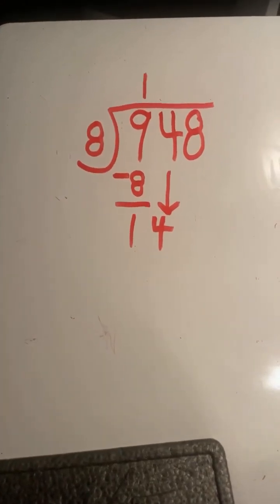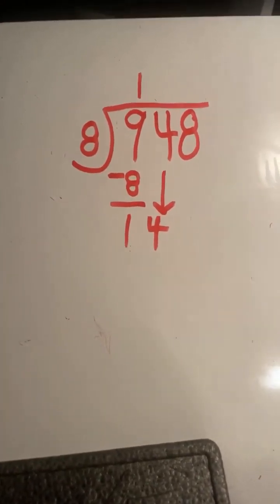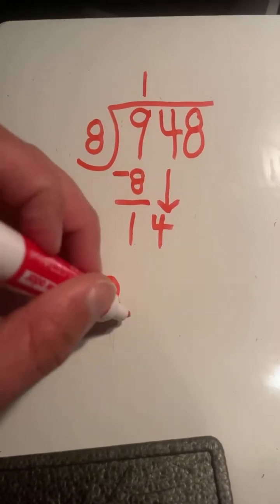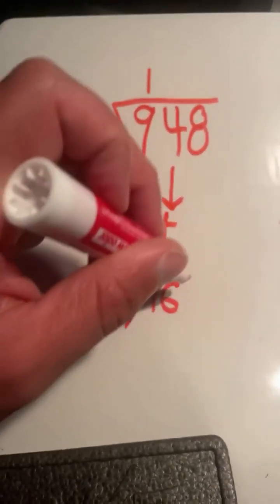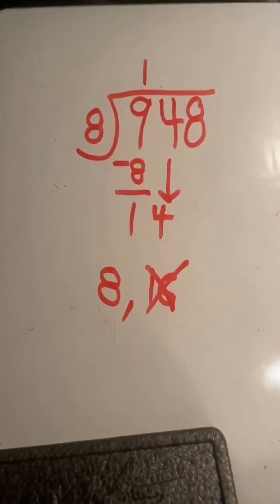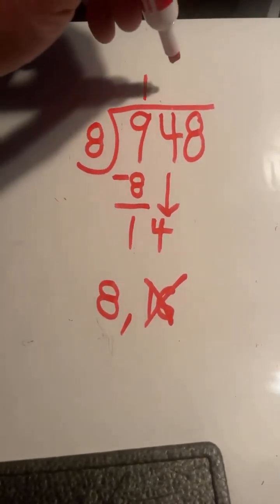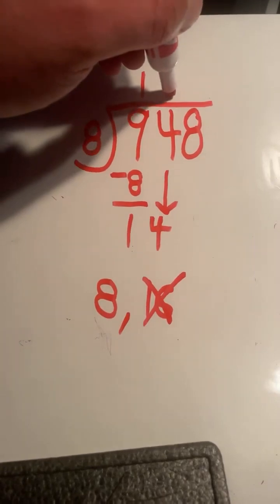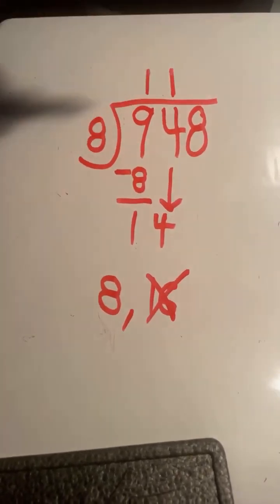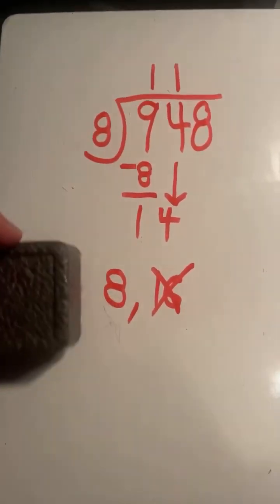And I have to figure out how many groups of 8 go into 14. 8, that's one group. 16, already too far. I'm already past 14. So again, we can get one group of 8 within 14. 8's as close as we can get to 14 without passing it.